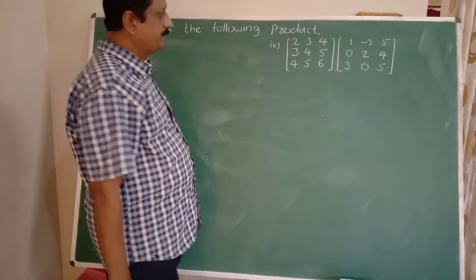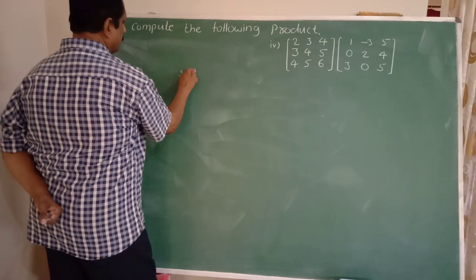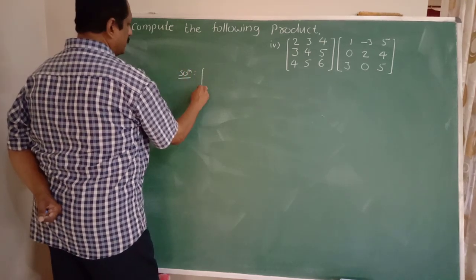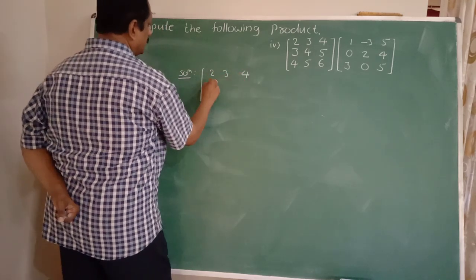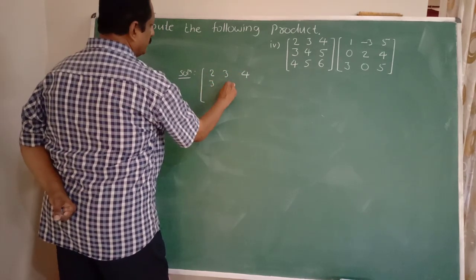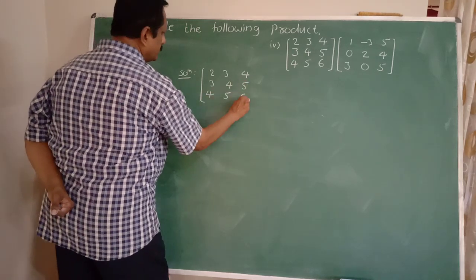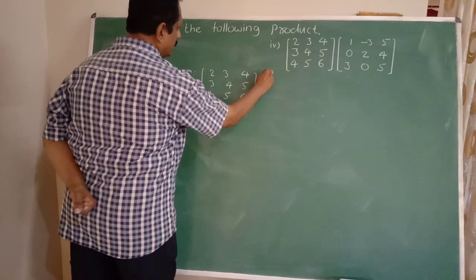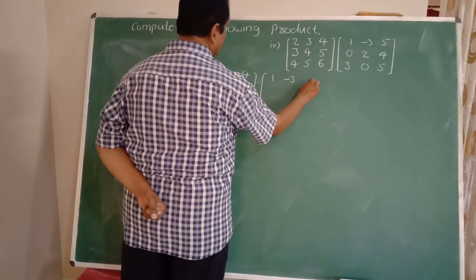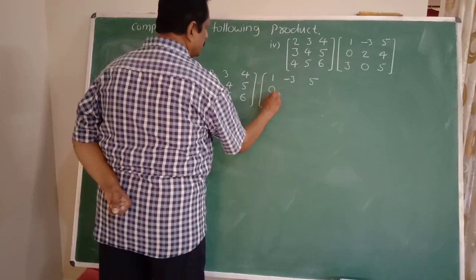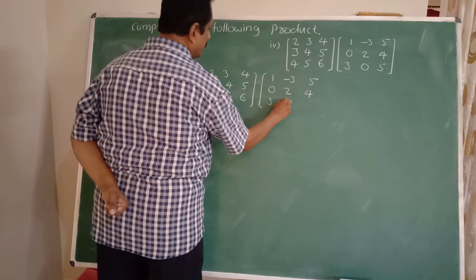So this is the fourth example here. Here I will take a solution. The given matrix 2, 3, 4, 3, 4, 5, 4, 5, 6 into the matrix 1, minus 3, 5, then 0, 2, 4, 3, 0, 5.